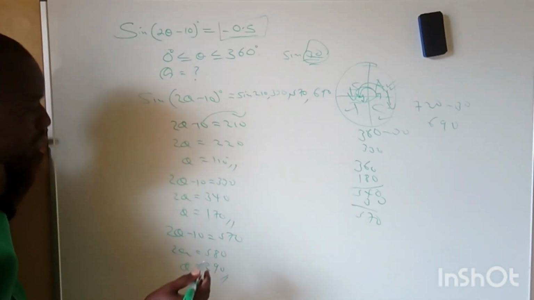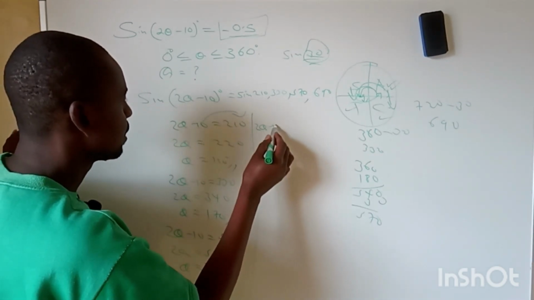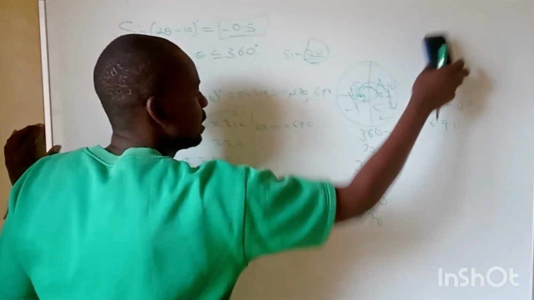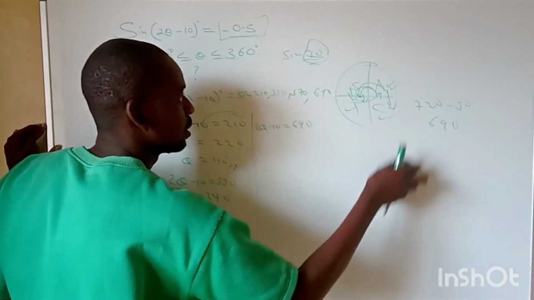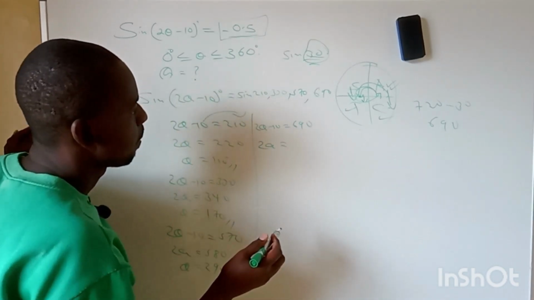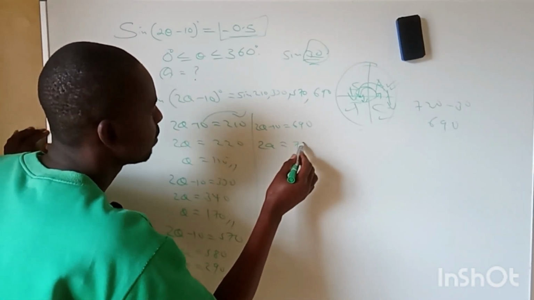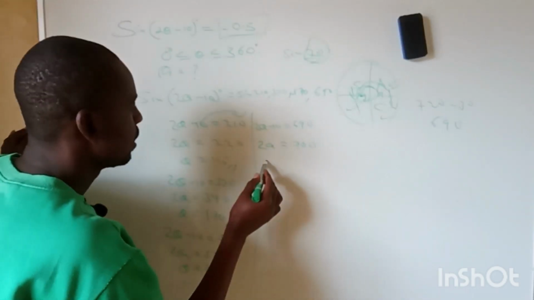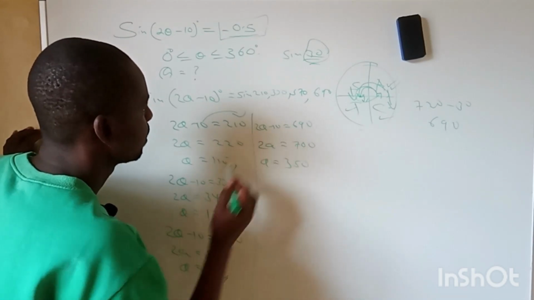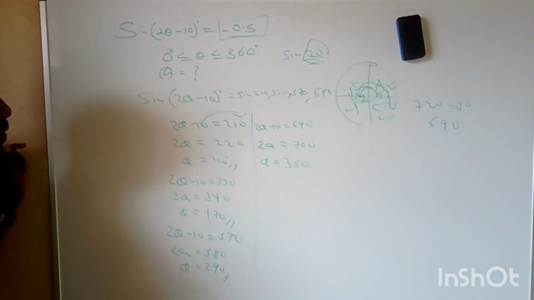Then the last one: 2 theta minus 10 is equal to 690, 2 theta is equal to 700, then theta is equal to 350.